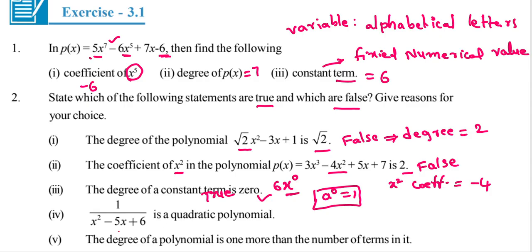Next: 1 by x square minus 5x plus 6 is a quadratic polynomial. A quadratic polynomial must have degree 2, and here we do have degree 2. But it is given in fraction form. 1 by x square can be written as x power minus 2, and 1 by 5x can be written as x power minus 1.